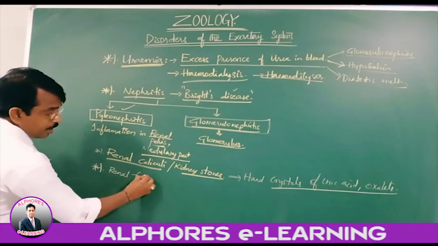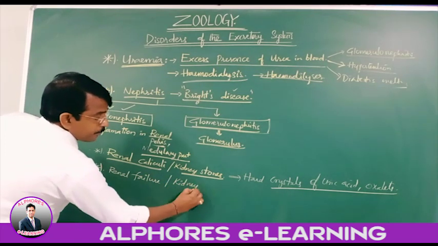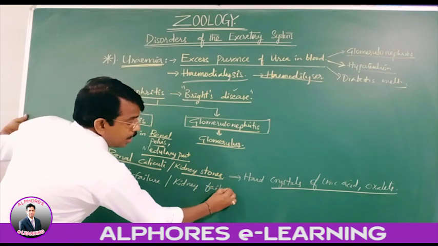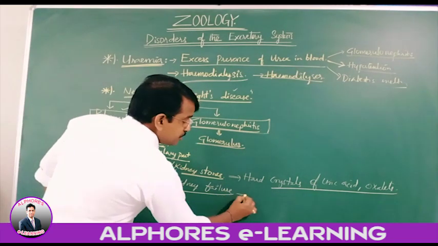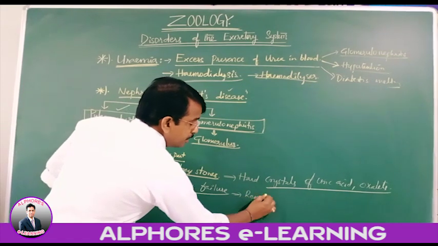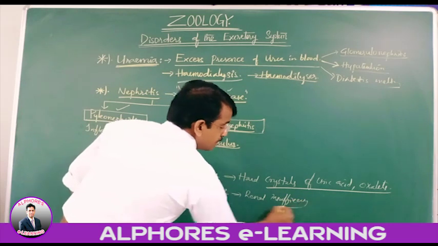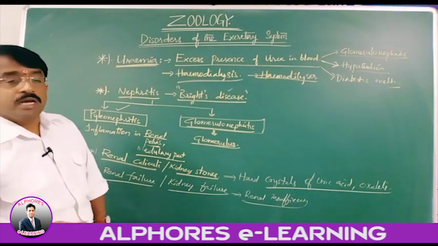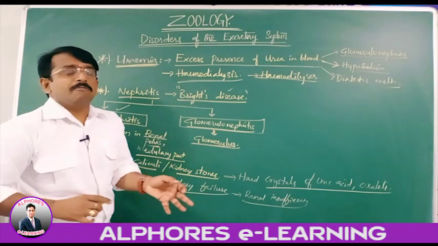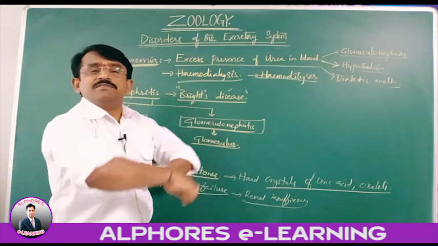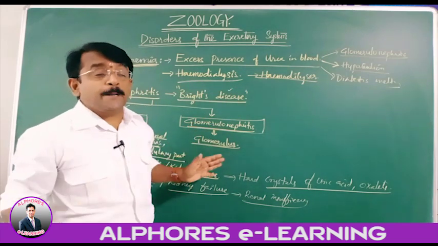Renal insufficiency earlier used to be nothing but abrupt, sudden failure in the functioning of the kidney. The kidney fails to function abruptly, completely.